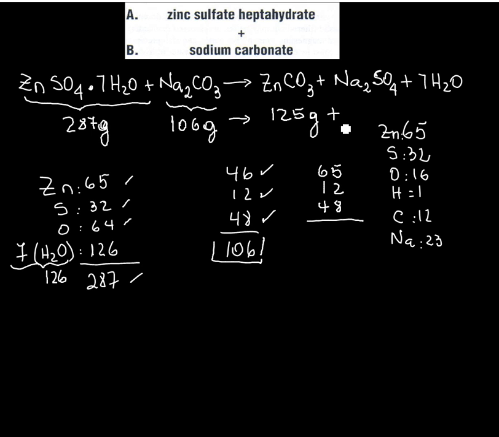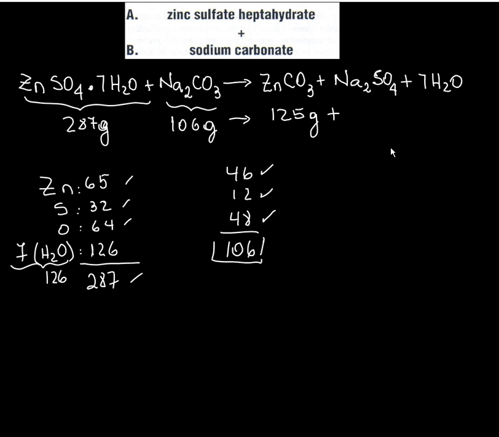We don't need to do the other ones, but we are going to do that just to corroborate that the law of conservation of mass is okay here. So I'm going to pause to erase some things. Okay, so the sodium sulfate is 142 grams, and the 7 waters is 126 grams.